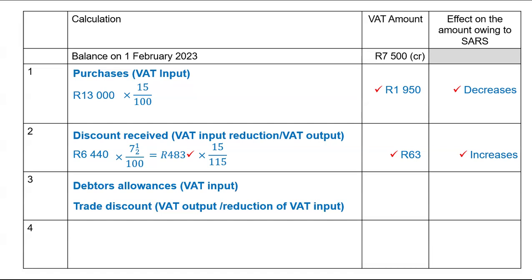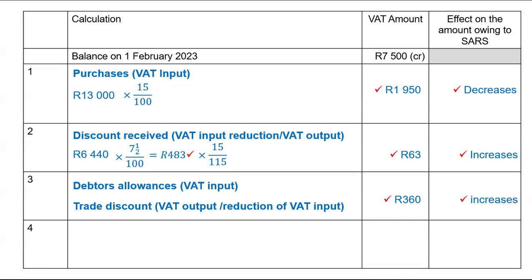So a trade discount should result in VAT output or reduction of VAT input to reverse what has happened. And obviously we'll have 360 as our VAT, and our 360 will increase VAT output. That's what will happen. It'll just increase VAT output. We good?